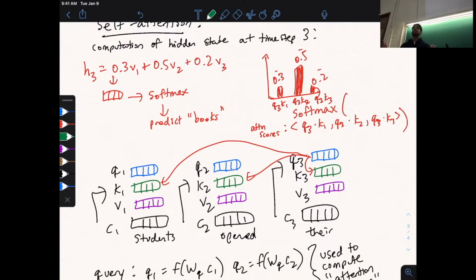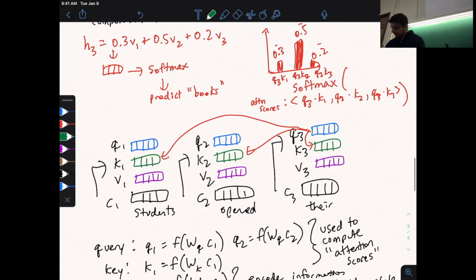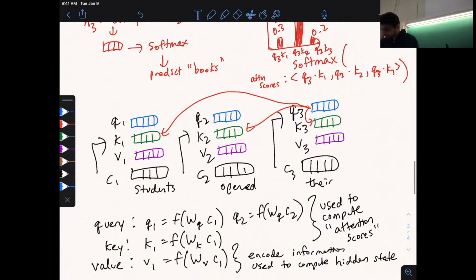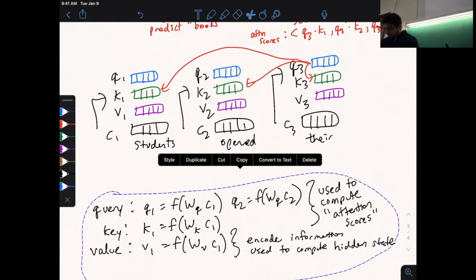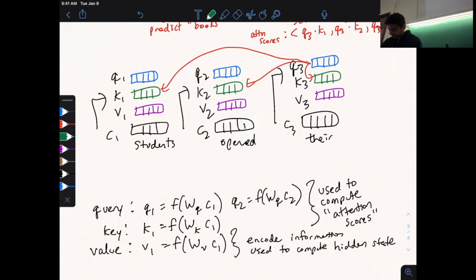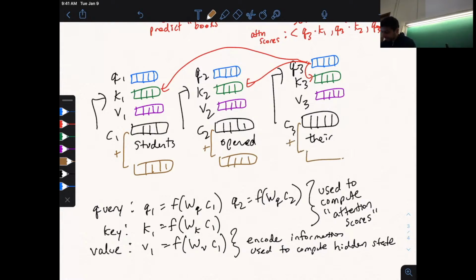Which is obviously undesirable. So in practice, what I do is, let me choose a new color. We add what is called a position embedding to each of these initial word embeddings, C1, C2, and C3. So this is a bit of a hack, right?